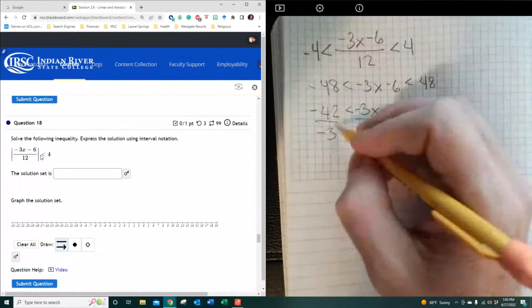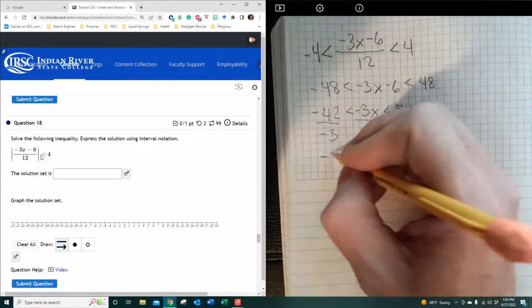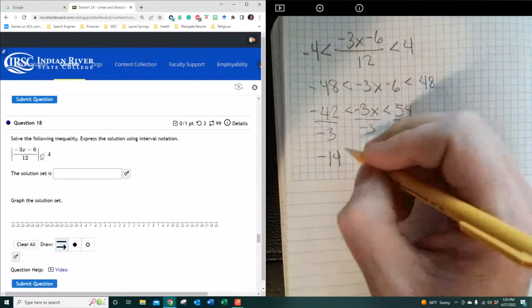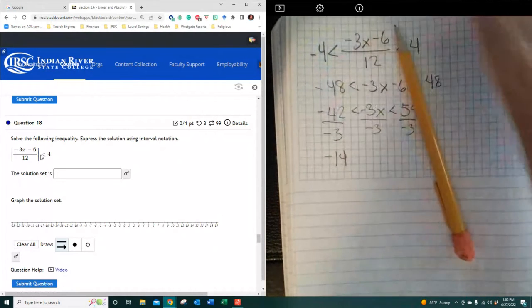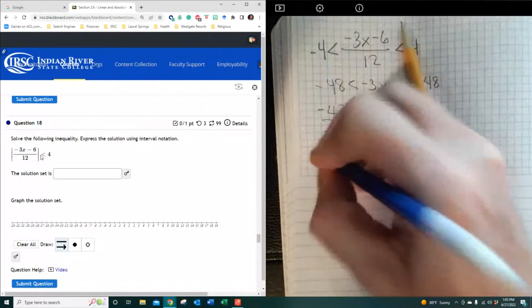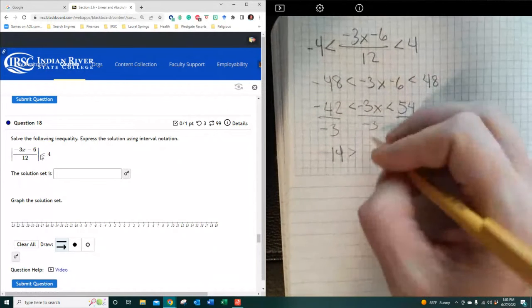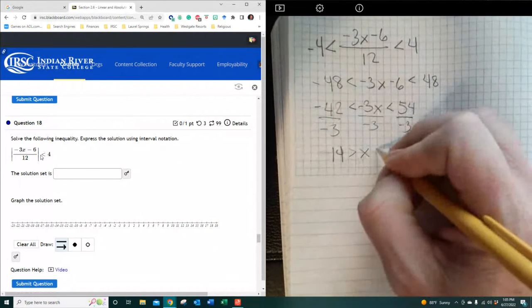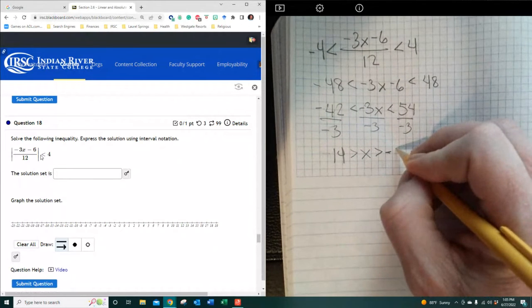Once you divide by -3, this is going to have to switch the inequality symbol. So you're going to get -14, right? Negative divided by negative is positive. So that's no longer negative. But then the inequality symbol must switch, and then you have the x.